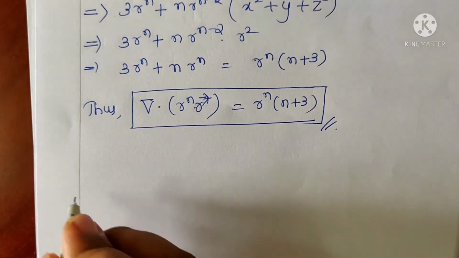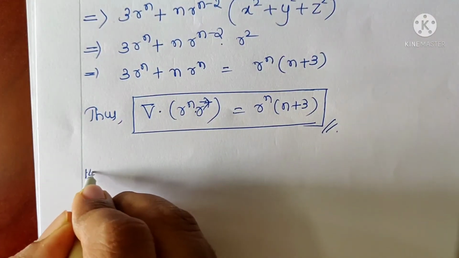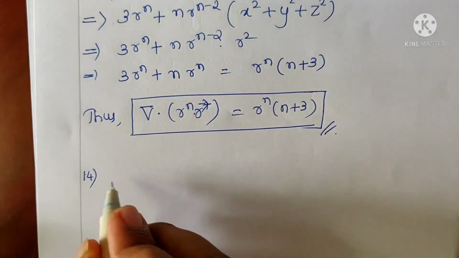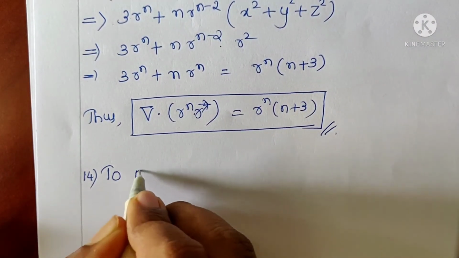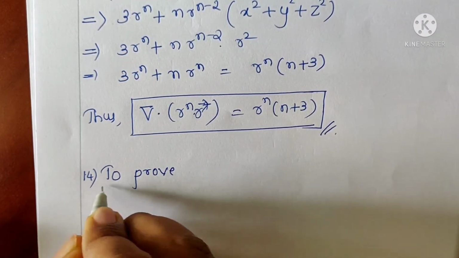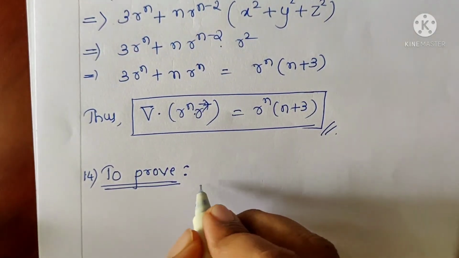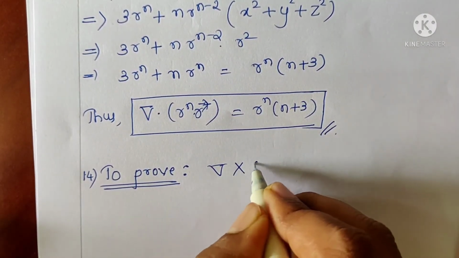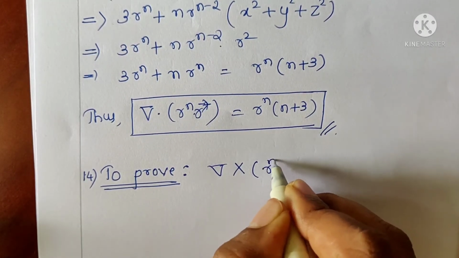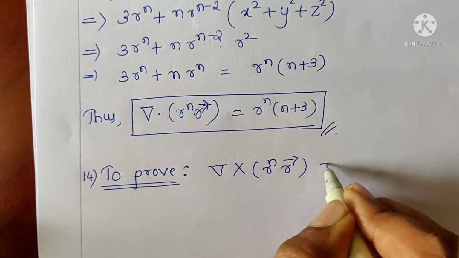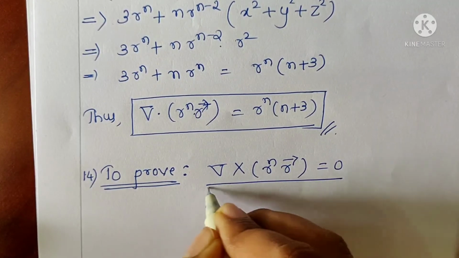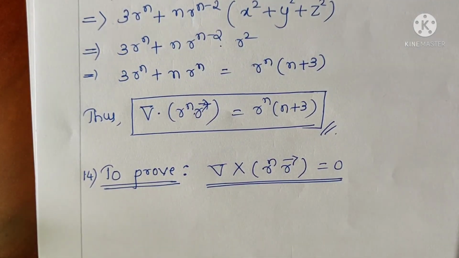Similarly, 14th, that is to prove del cross r^n vector r is 0. This is to prove.